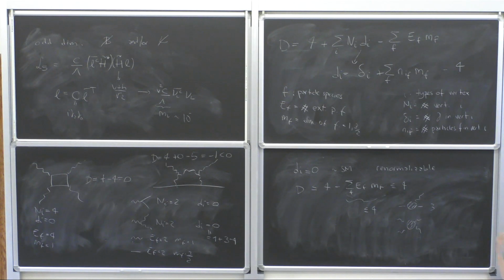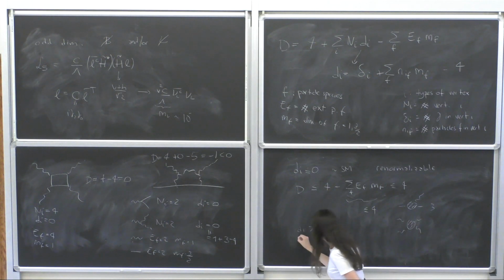Now, if you go to an effective field theory, what happens is that in some cases, you will have a dimension that is larger than 0, okay? Because you will have, for instance, dimension 6 interactions, which will give you this d equal 2. So this d measures the excess compared to dimension 4.